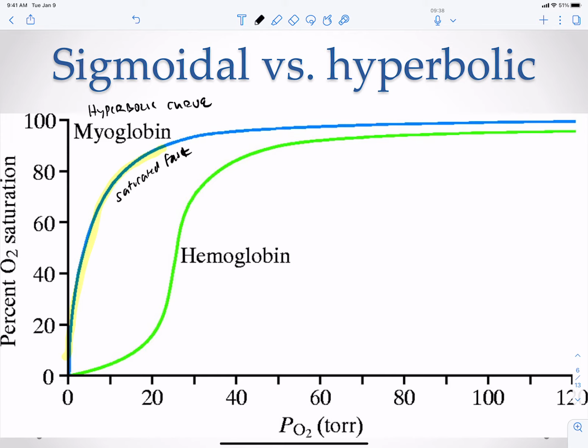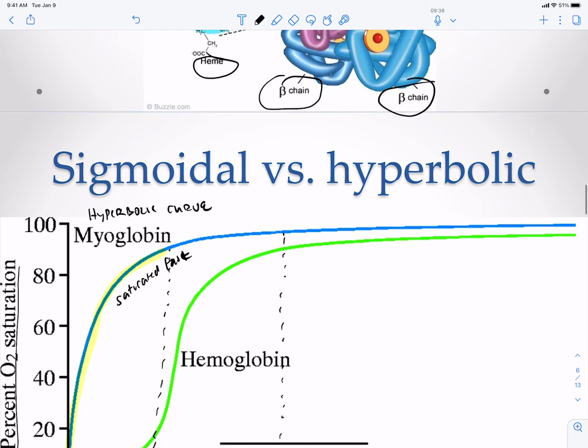And so this is looking at the percent saturation and the pressure of oxygen. So for your myoglobin, again, your saturation occurs when you're at about this 20 pressure of oxygen, whereas your hemoglobin will not be fully saturated until it's about 50 pressure of oxygen. And so hemoglobin has a sigmoidal curve.